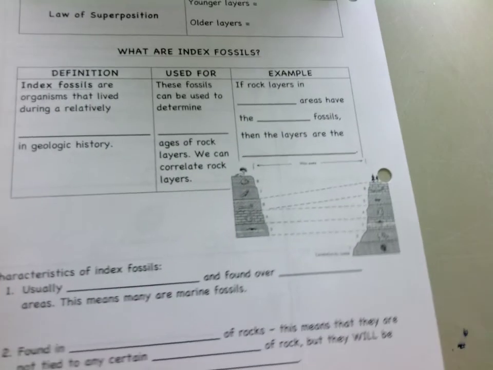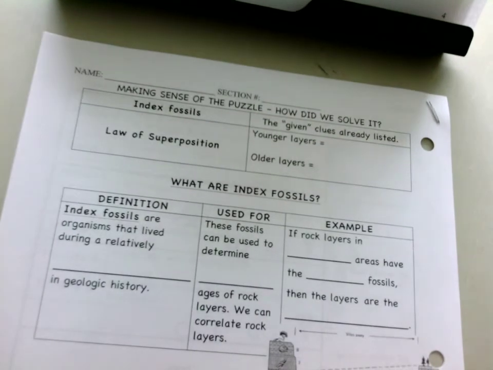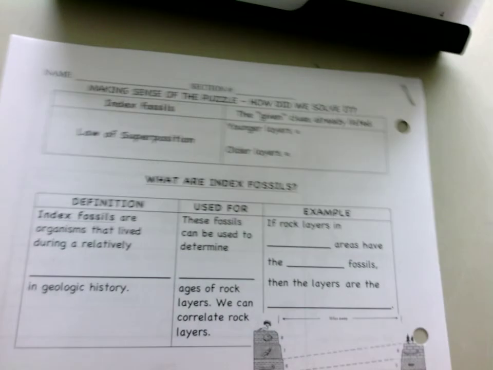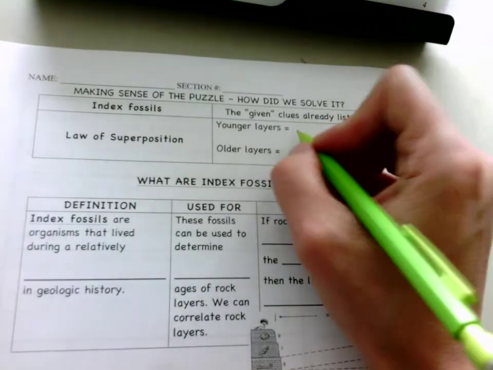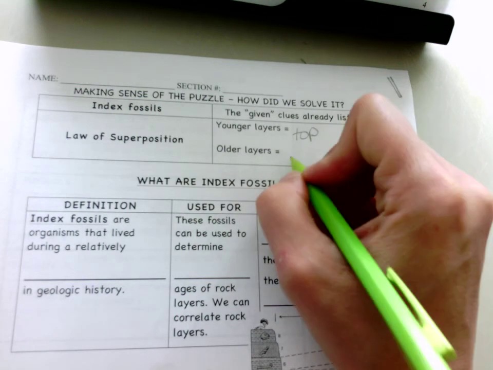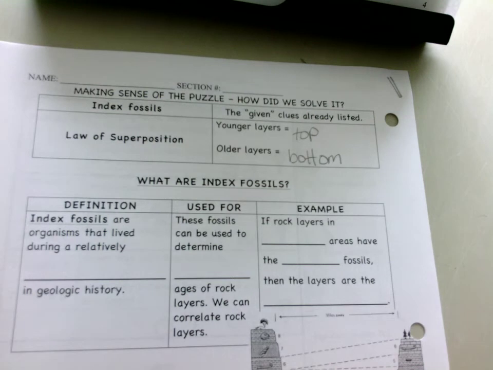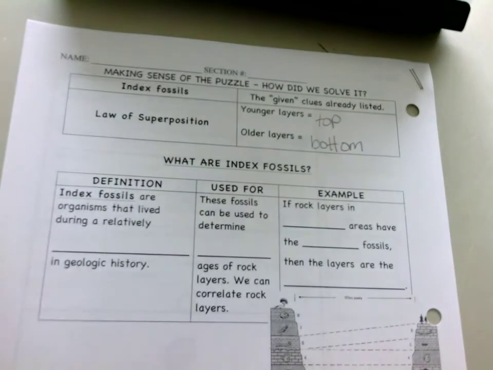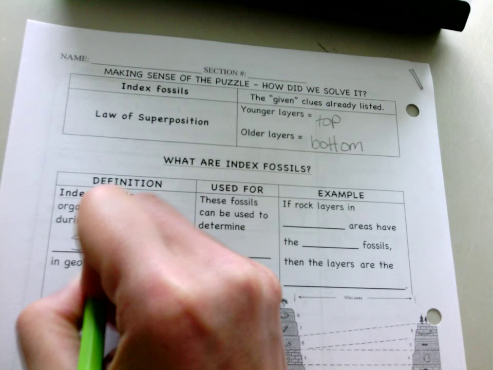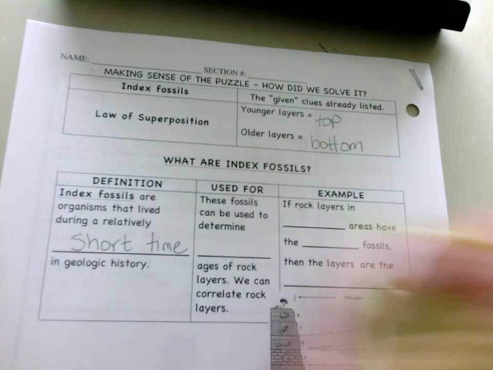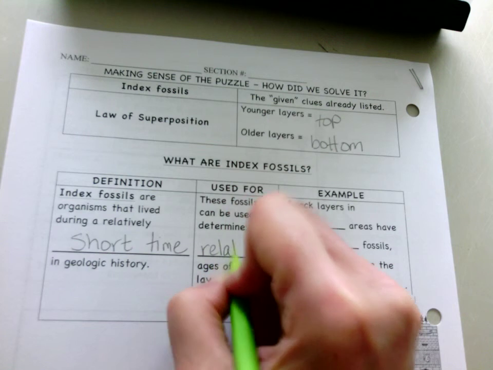So we're using this idea of index fossils to help us solve this problem. And the law of superposition, we already know that the younger layers are on top and older layers are on bottom. But what we're also using are index fossils. Index fossils are organisms that live during a relatively short time frame in geologic history, and they can be used to determine relative ages of rock.